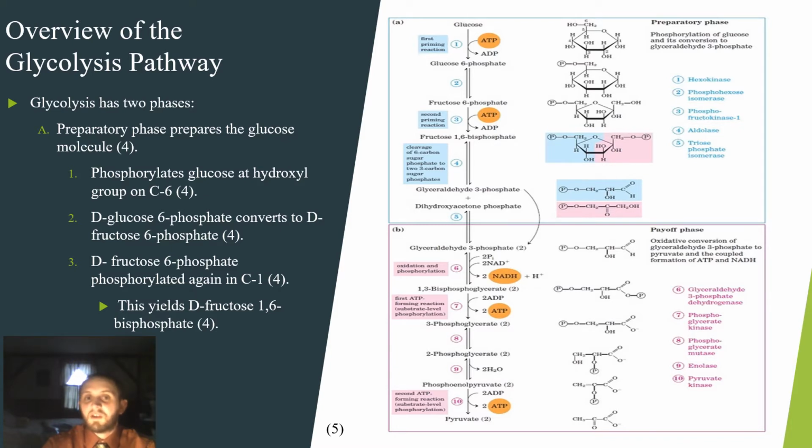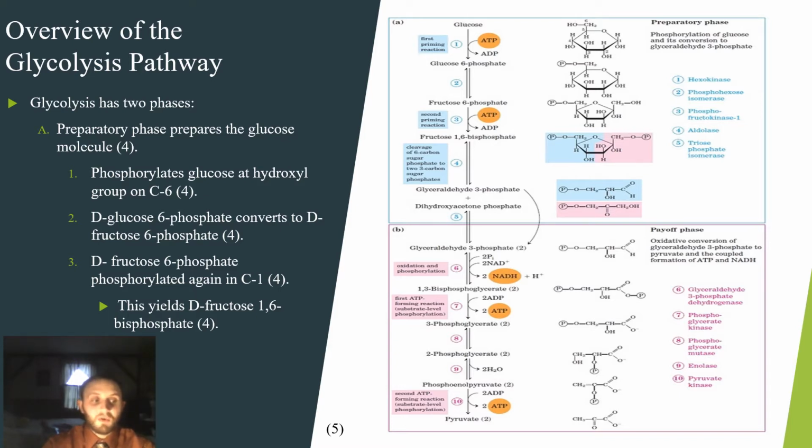As for converting glucose 6-phosphate to fructose 6-phosphate, this is done by phosphohexose isomerase. The third step is where we have fructose 6-phosphate phosphorylated again. This occurs at carbon 1 to yield fructose 1,6-bisphosphate.